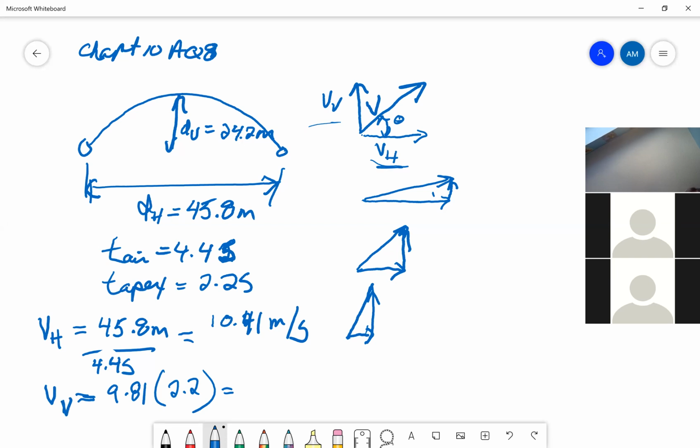It's 21.58. So 21 versus 10, I think you can see that this is the bigger one, which means we're in this situation, which means it's greater than 45. Any questions on that, anybody?